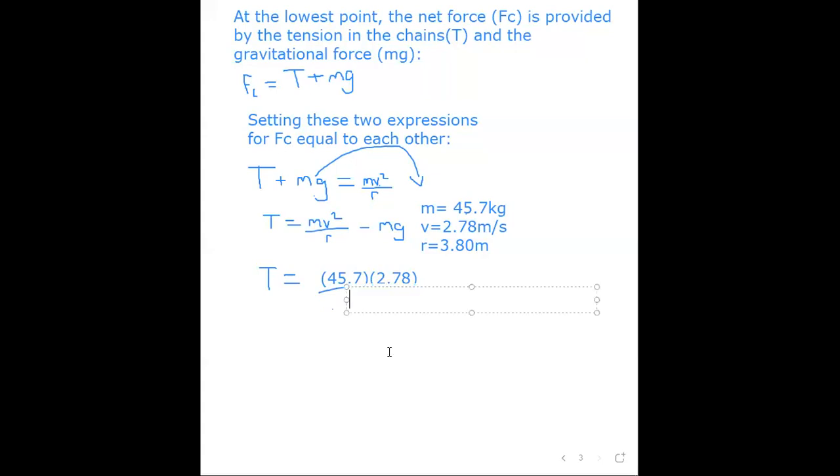And then all of that is going to get subtracted by the mass times gravity, which is 9.8, so 45.7 times 9.8.